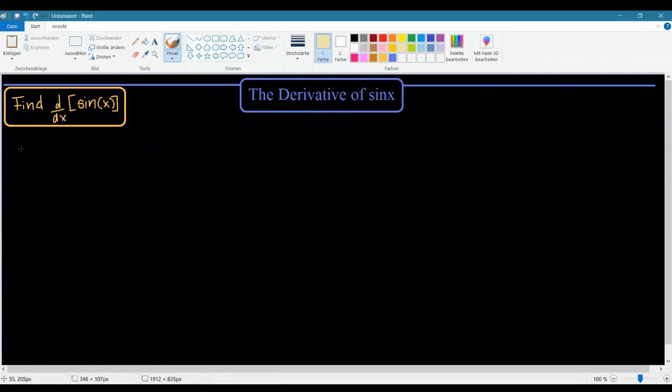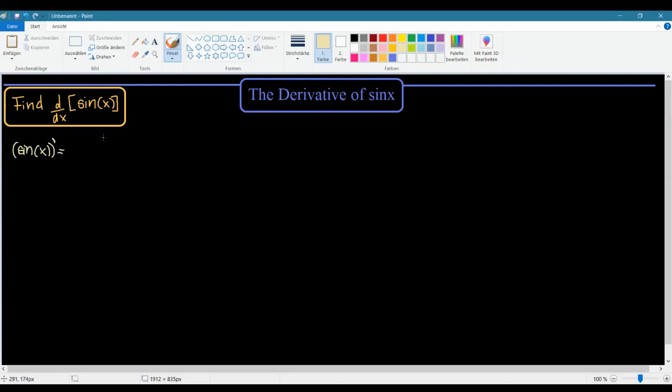So the first thing that we're going to do is write down what we're trying to derive. So we're trying to get sine x prime. We know that it's going to be cosine x, but we want to prove it, right? We want to derive it from scratch.